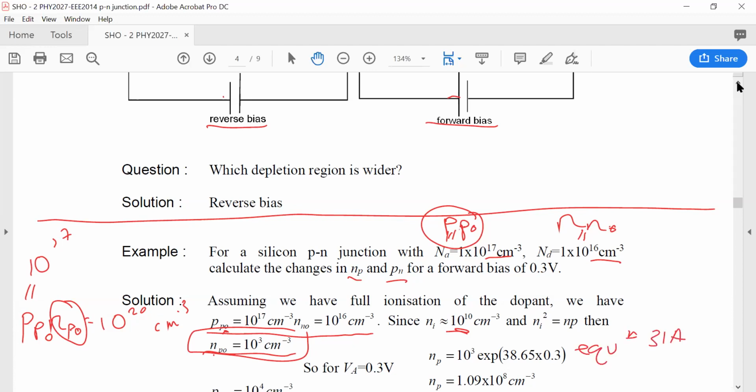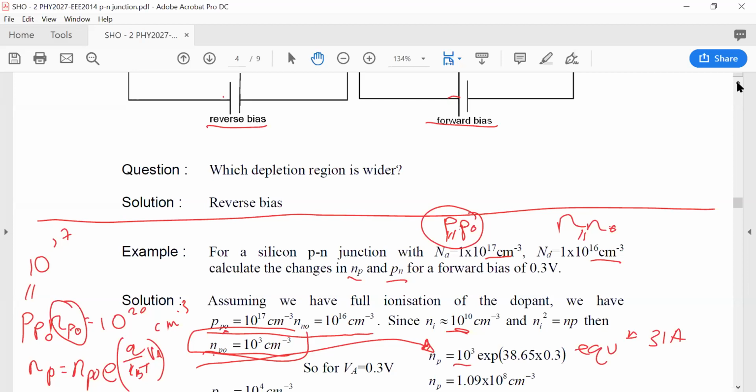The equation is simply showing that np is equal to np0 e to the power of q over kBT times VA. I hope you can read this, which is what this equation here is showing.